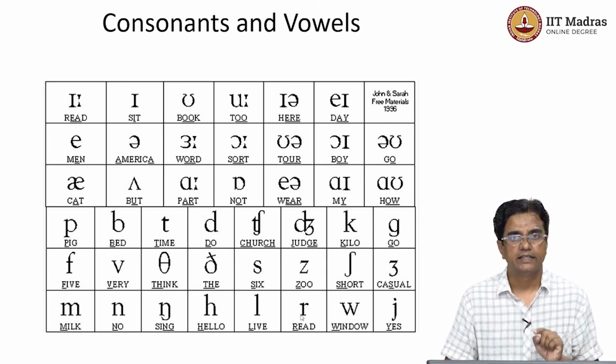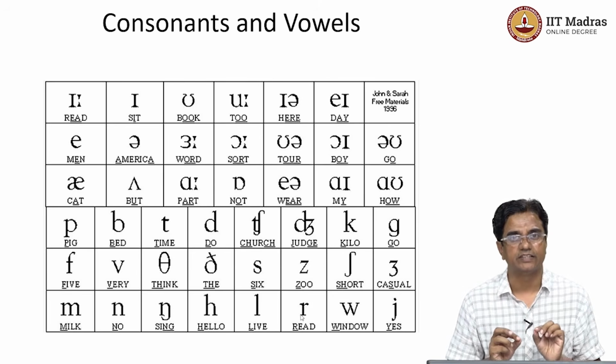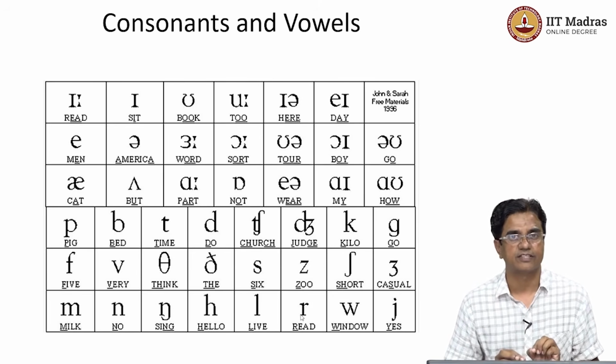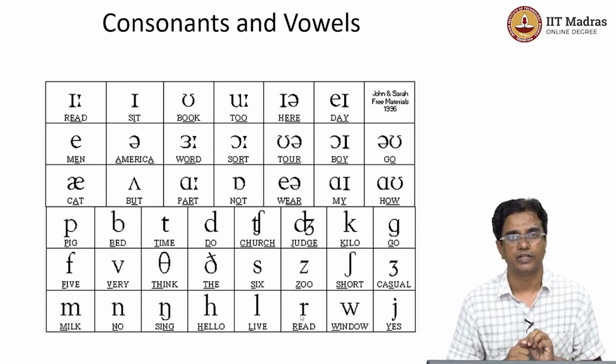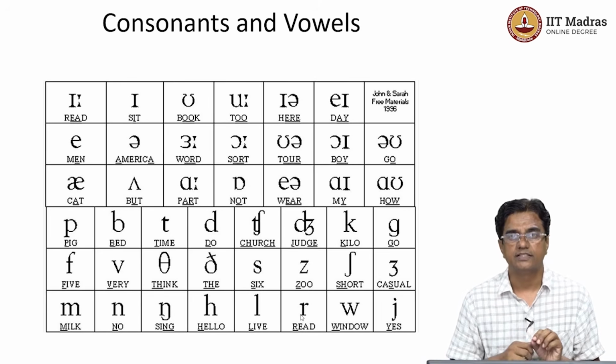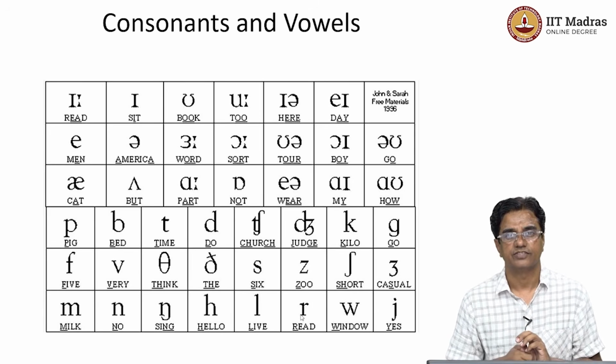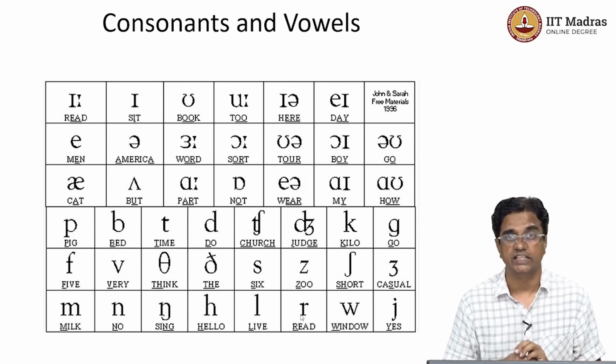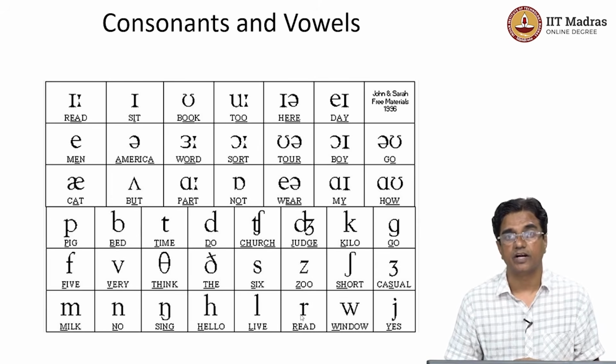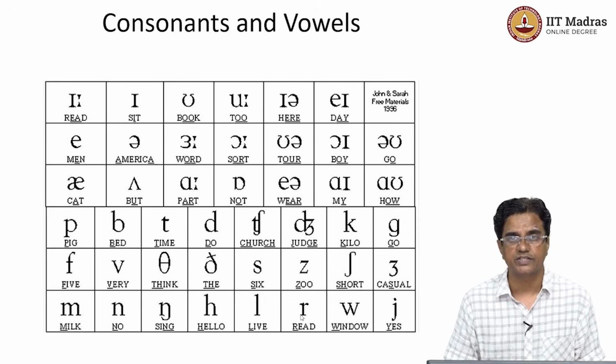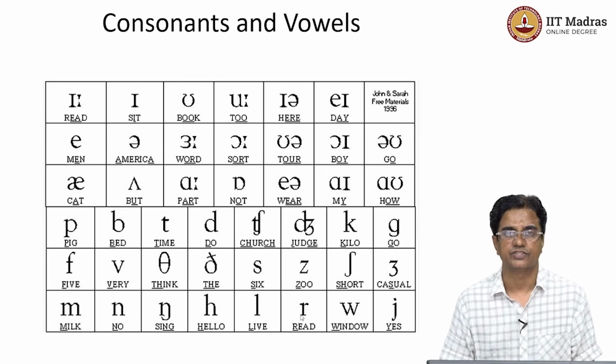One more time. Being familiar with the sounds of the language we want to focus on and improve is fundamental for improving our language. Knowing the sounds in terms of their places of articulation and manners of articulation helps us immensely in improving our language.